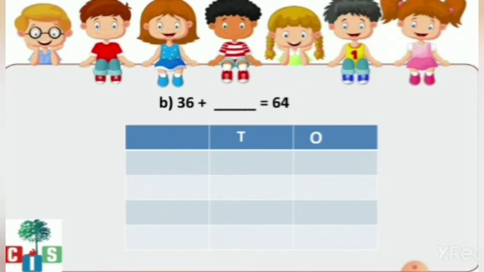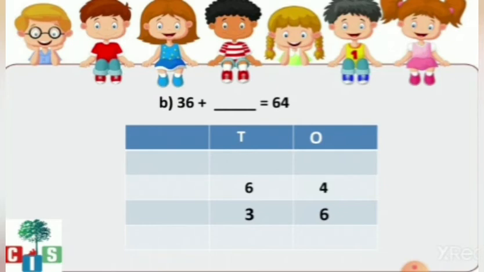So the bigger number is 64. So we will write 6 in tens column and 4 in ones column. Then your number is 36. So the second number is 36. So 3 in tens column, 6 in ones column.